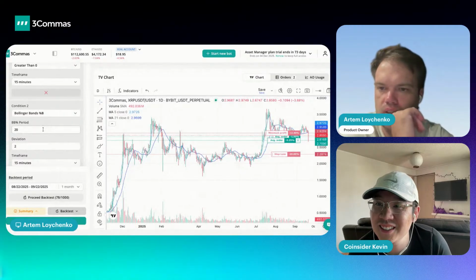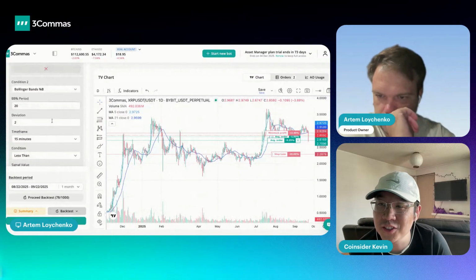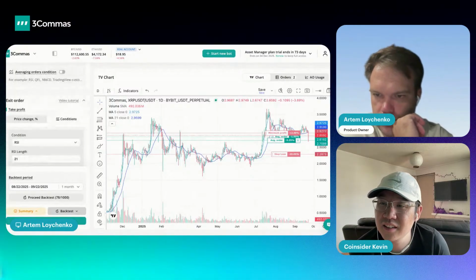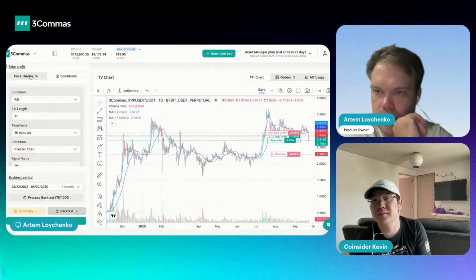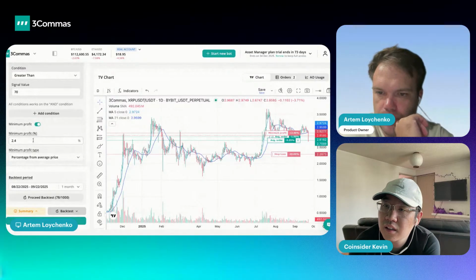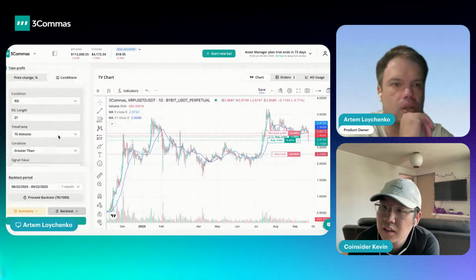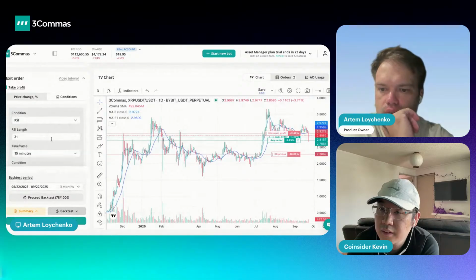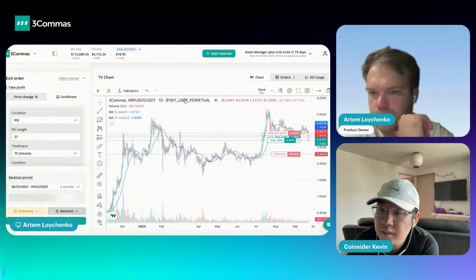Yeah, let's try with Bollinger Bands for sure. And I think we had a tighter stop loss. We actually had take profit conditions, with a minimum of 2.4%. Yeah, let's run this for the last 3 months.